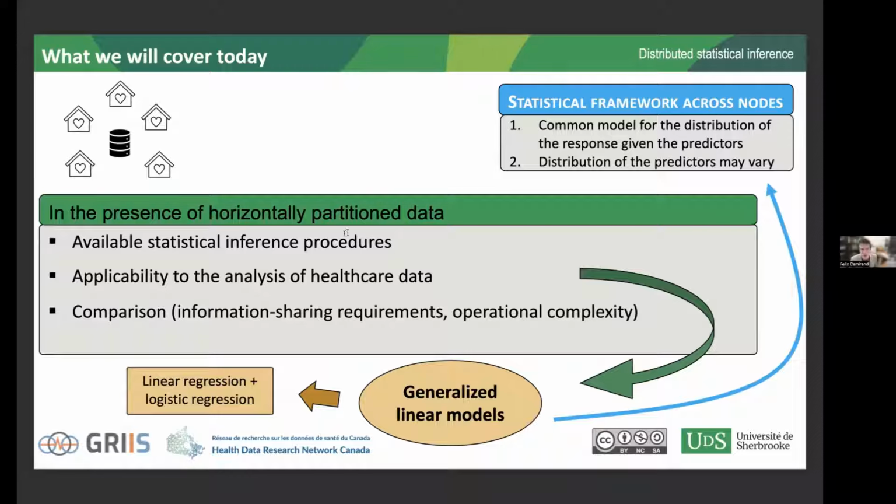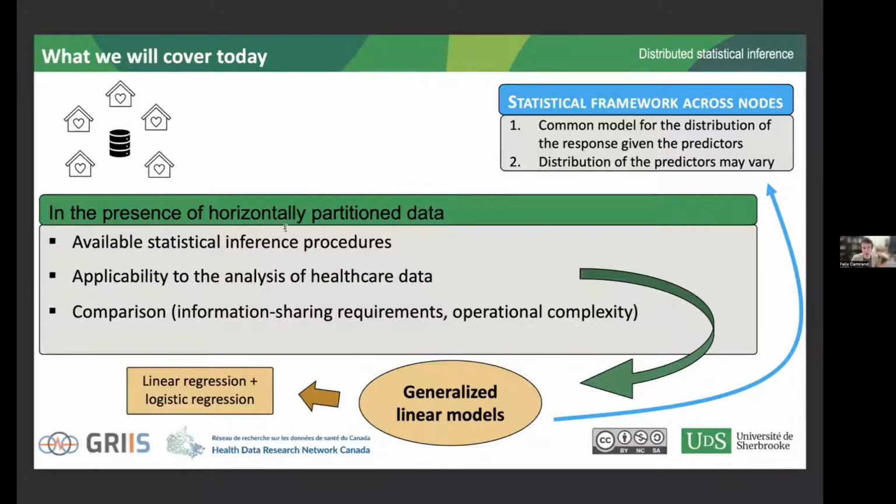As I mentioned, most methods made available for this type of data were put forward in the massive data setting, so they do not handle uneven distributions of the data between nodes and heterogeneity in the predictor distribution in the nodes.